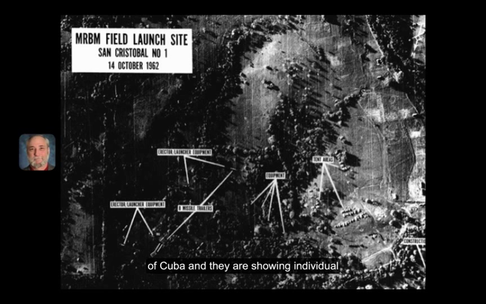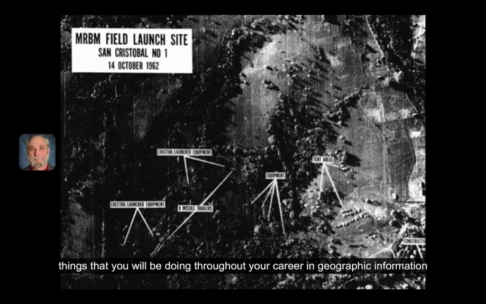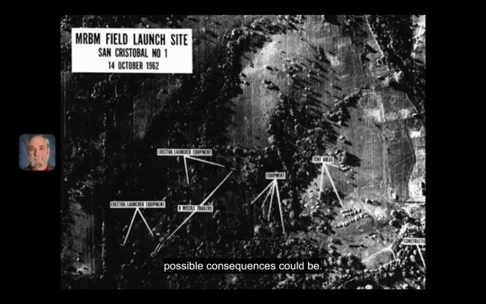And these are pictures of Cuba, and they are showing individual pieces of information and content that were presented to President Kennedy to explain to him that there were missiles being placed in Cuba. And so the whole process of explanation is critical to GIS. So one of the things that you will be doing throughout your career in geographic information systems and geographic information science is using this tool to not only describe what's going on, but also to explain what the patterns are, why they're there, and what the possible consequences could be.